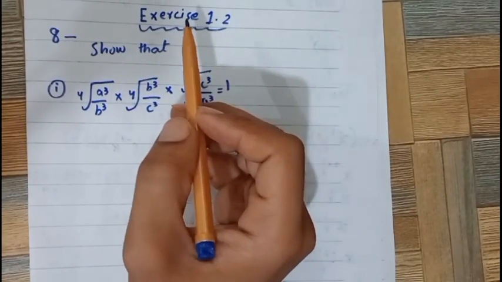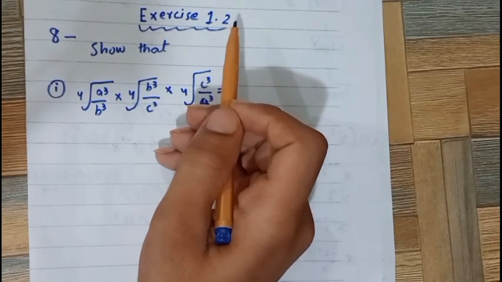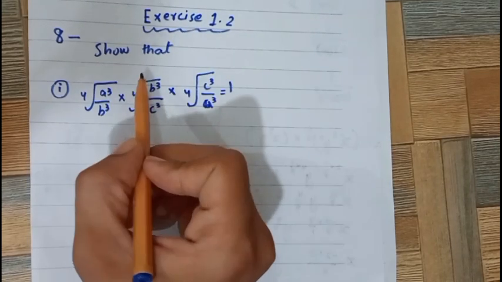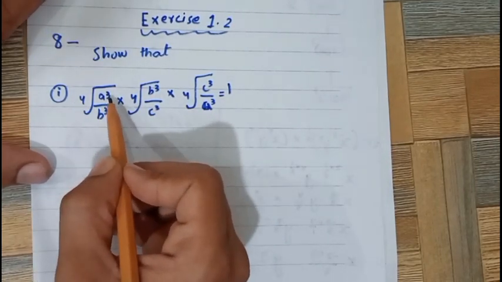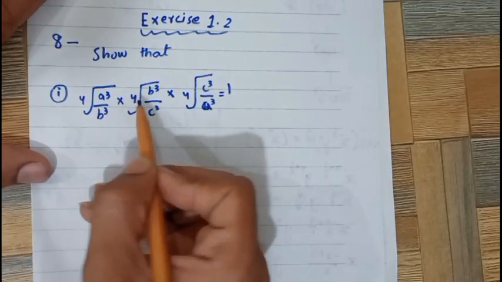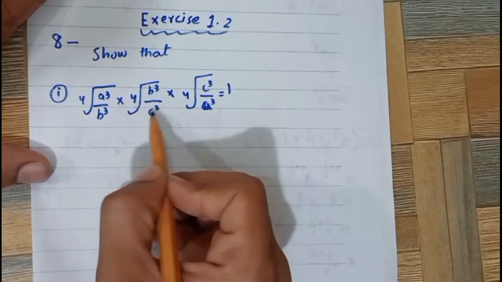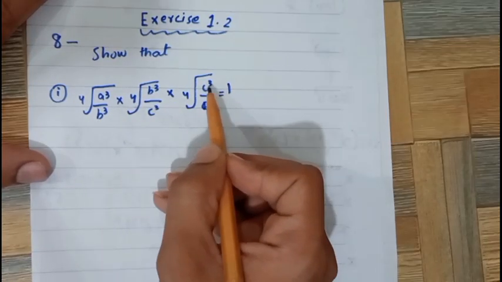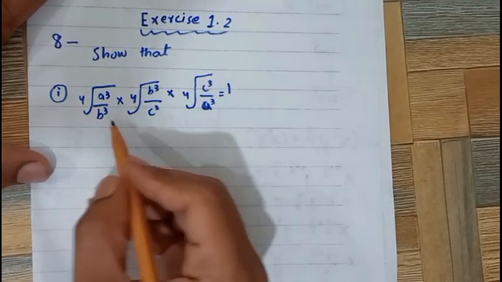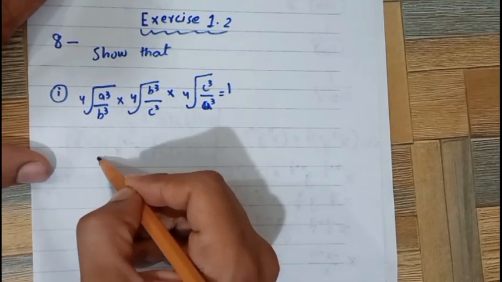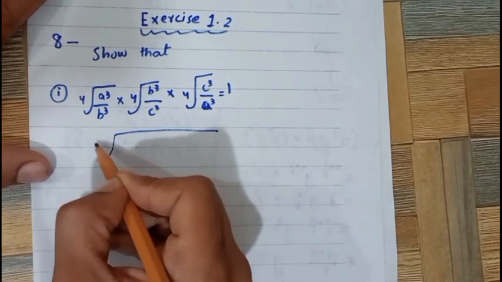Towards the exercise 1.2, question number 8. Show that the first question is: fourth root of a cubed over b cubed, multiply fourth root of b cubed over c cubed, multiply fourth root of c cubed over a cubed, is equal to 1. We are supposed to take the common under root and the exponent.